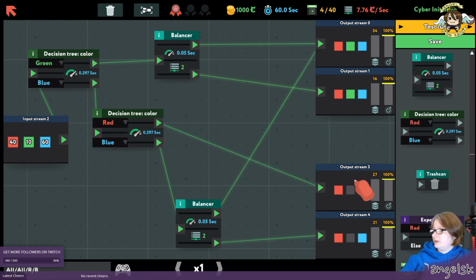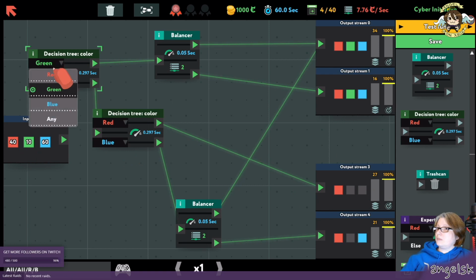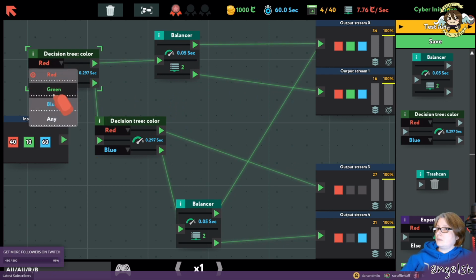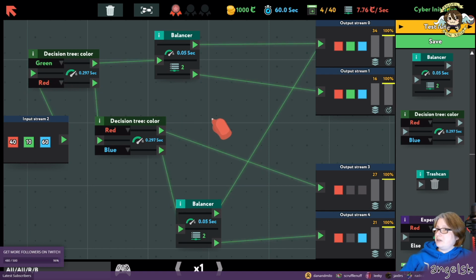We need 27 red in there. Red, green, split the blue. Okay, so that gives us 30, 40 going in here. Which doesn't split unevenly.